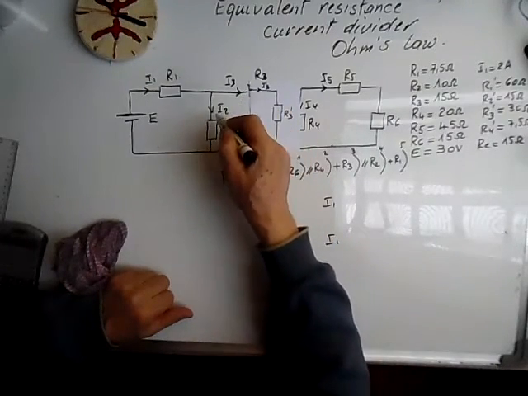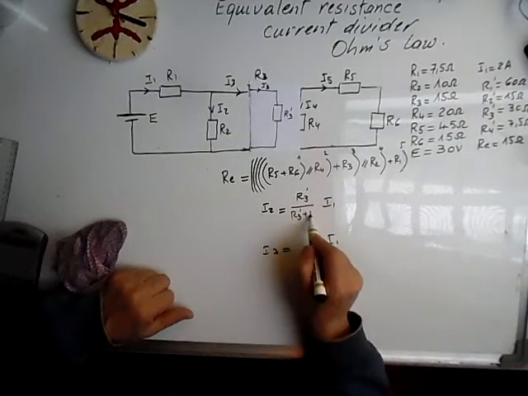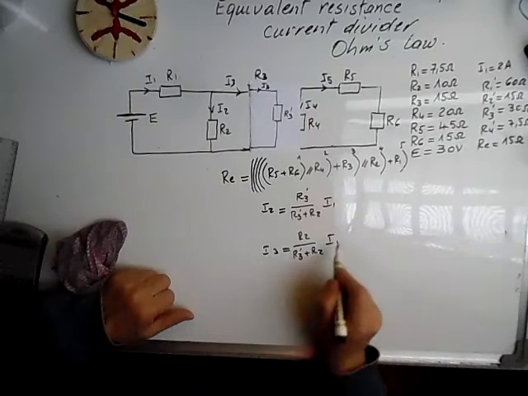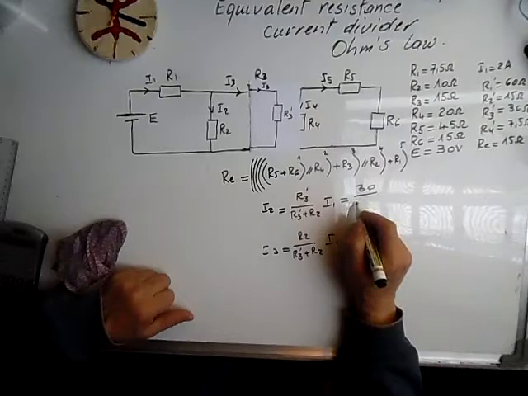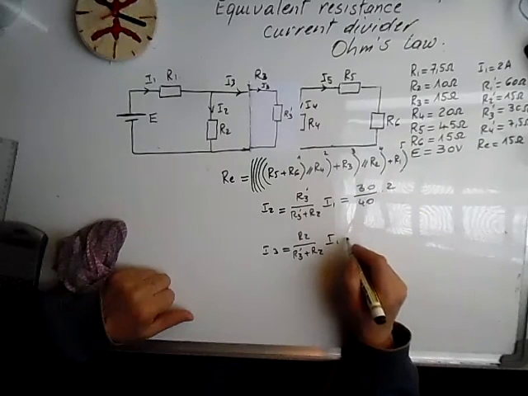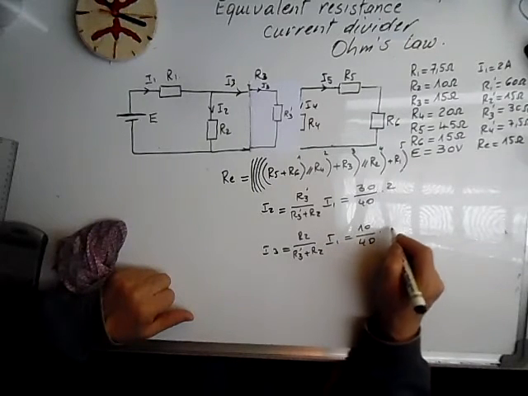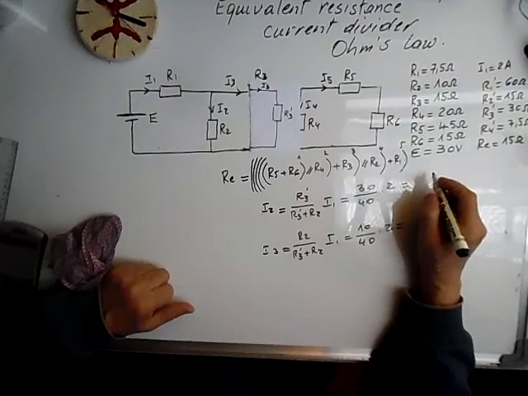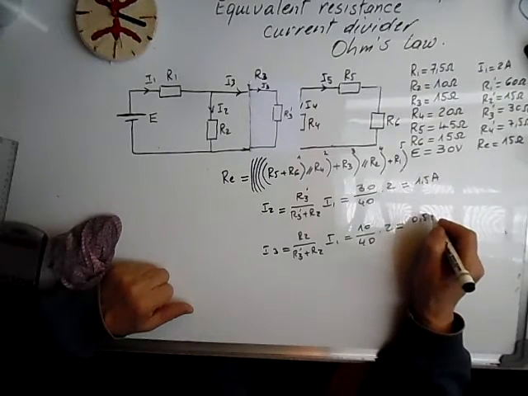I2 is R3 prime over R3 prime plus R2 times I1, and I3 is R2 over R3 prime plus R2 times I1. I2 is 30 over 40 times 2, and I3 is 10 over 40 times 2. So I2 is 1.5 amps, and I3 is 0.5 amps.